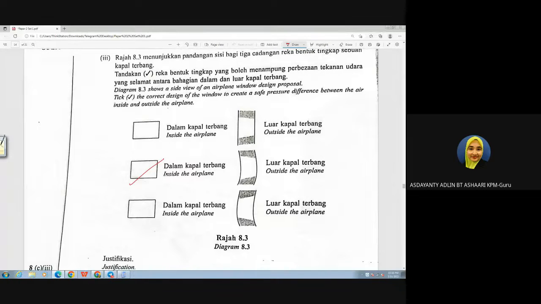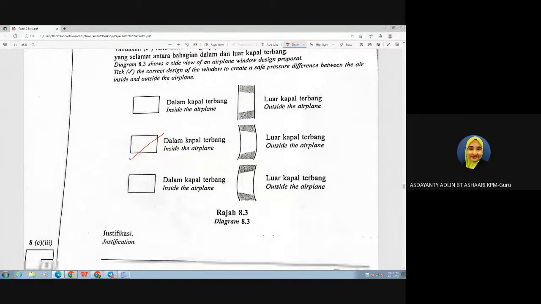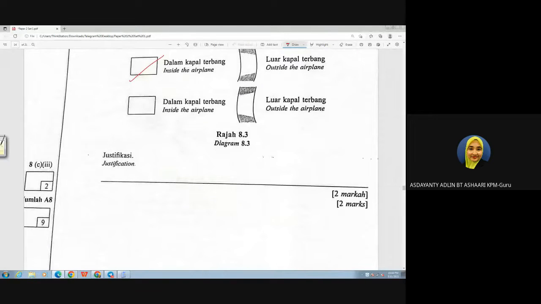Okay, inside the airplane it is curved. The outside is also curved, following the inside of the airplane. Okay, so why? Design of the window, justification.